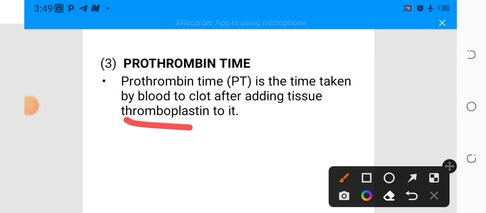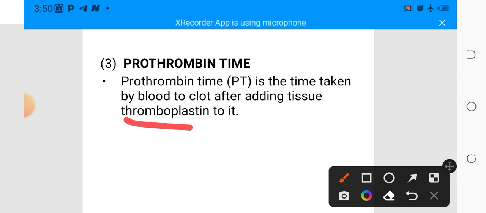We know tissue thromboplastin activates the extrinsic pathway, where there is formation of prothrombin activator, which is required for the activation of prothrombin to thrombin. So blood is collected and oxalated so that the calcium is precipitated and prothrombin is not converted into thrombin.